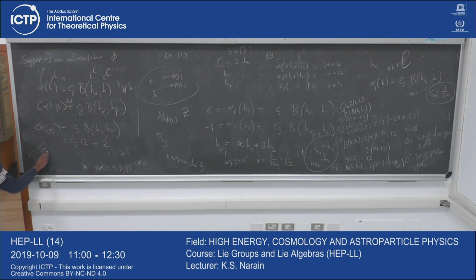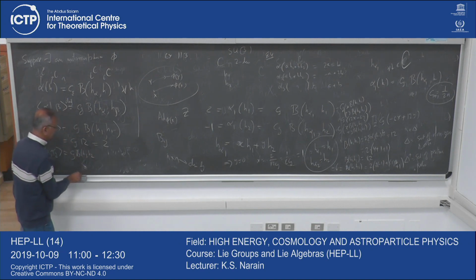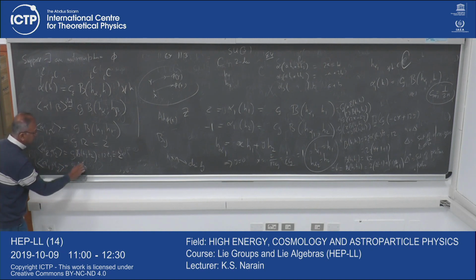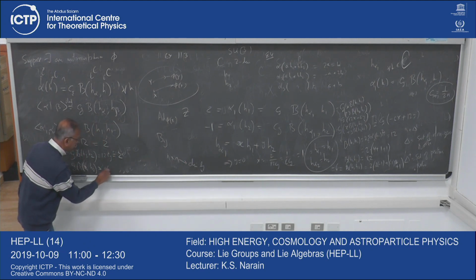Alpha 2 with alpha 2, for the same reason, is CG B H2 H2, and this is again 12, so 12 CG, which is equal to 2 for that choice. And finally, alpha 1 with alpha 2 is CG B H1 H2. B H1 H2 you calculate will be -6, so it's -6 CG, which is equal to minus 1.